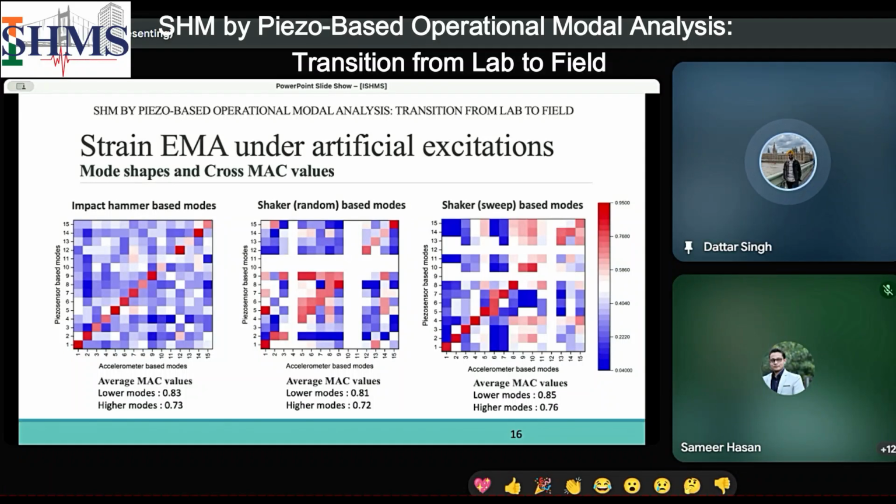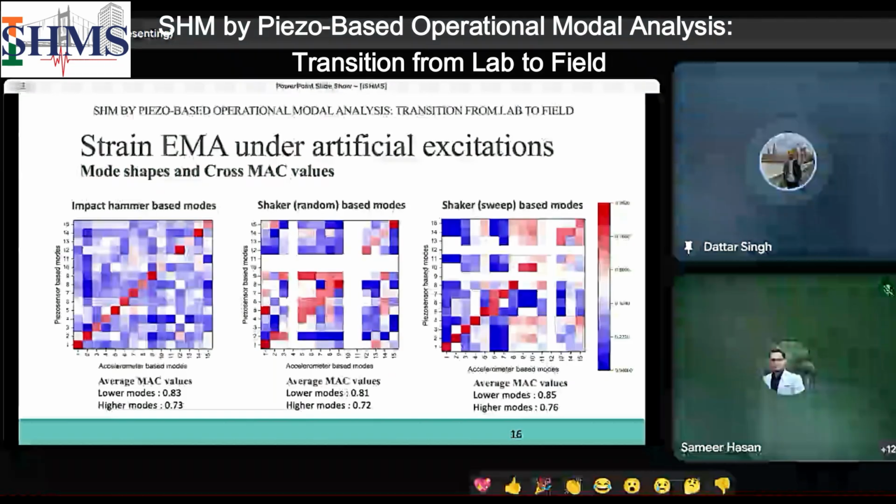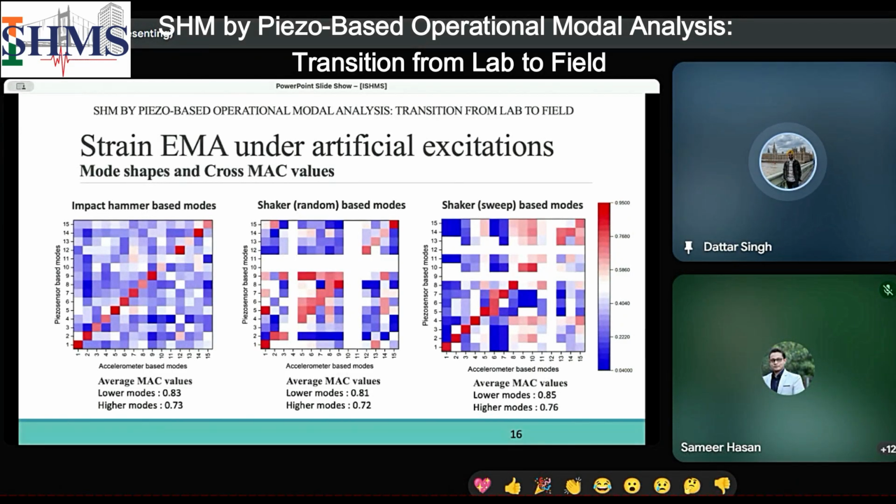So in that case, we have divided the modes into the initial 7 modes as the lower modes and the higher 8 modes as the higher modes. Now we can see the MAC values of the lower modes. The average cross MAC values for the lower modes are higher than 0.8, but for the higher modes they are in the range of 0.72 to 0.76, indicating better correlation for lower modes than the higher modes.